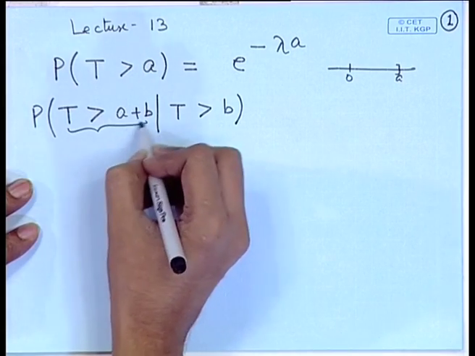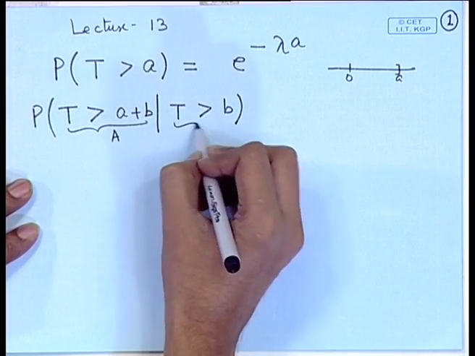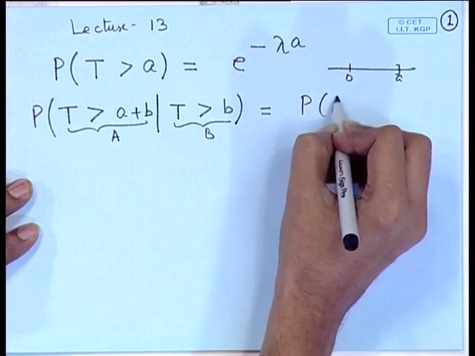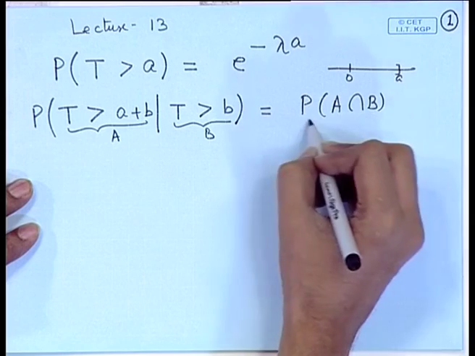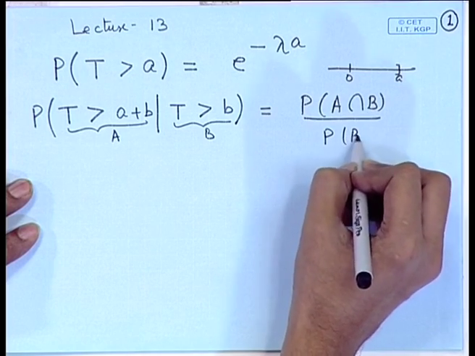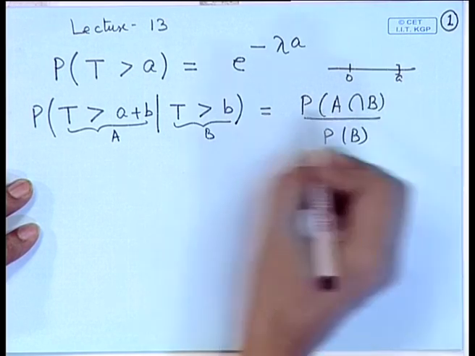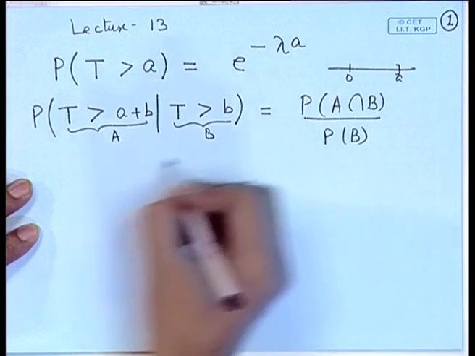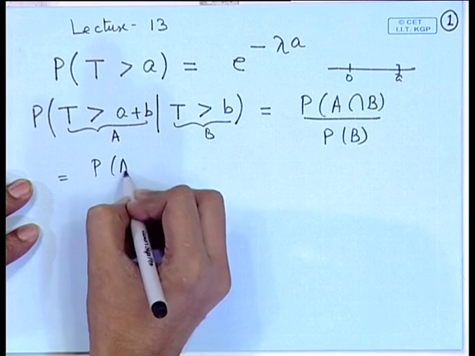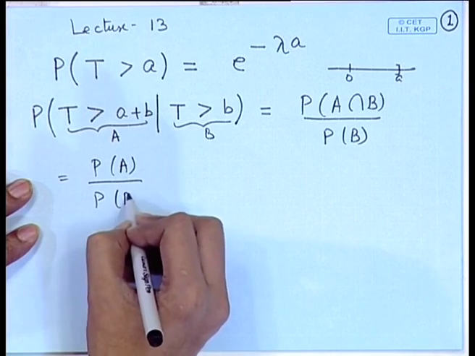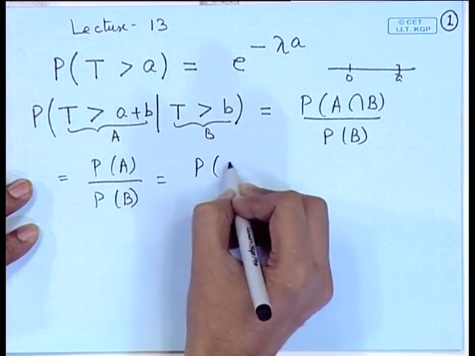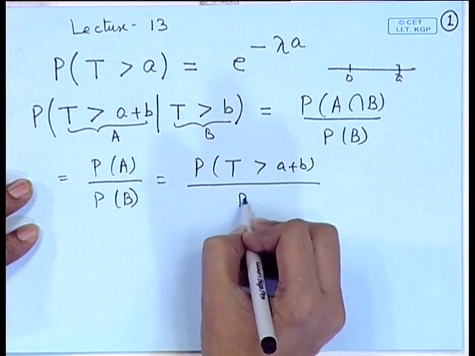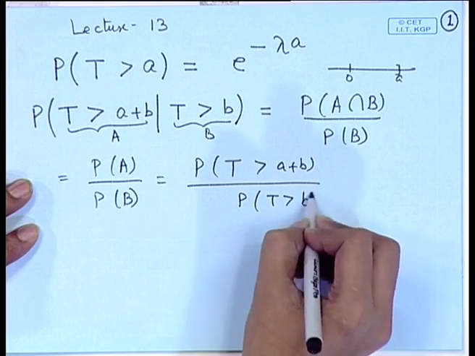If we consider this as event A, this as event B, then it is equal to probability of A intersection B divided by probability of B. Now, here A is a subset of B, therefore this becomes probability of A divided by probability of B, that is probability of T greater than a plus b divided by probability of T greater than b.